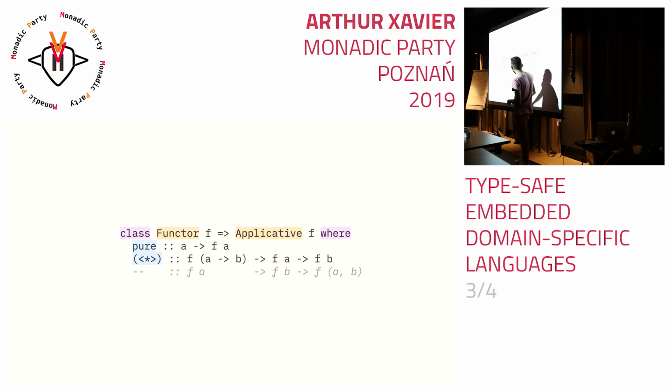If we're given an f a and an f b, we can only produce an f of a tuple a, b. This f is left untouched, right? So we cannot have dependencies such as we have with monad, where we can depend on past values to produce future effects. We can only sequence these operations.